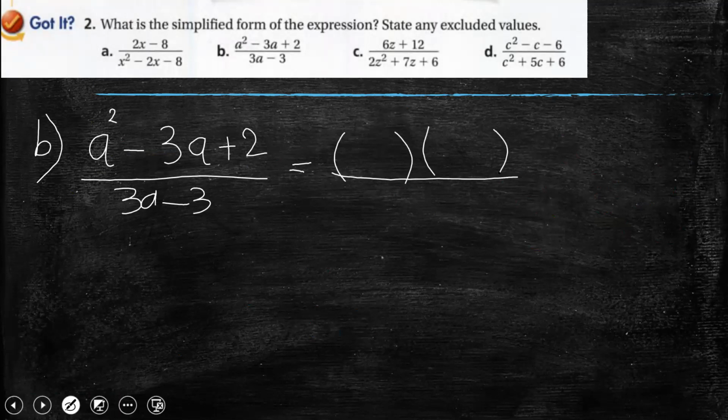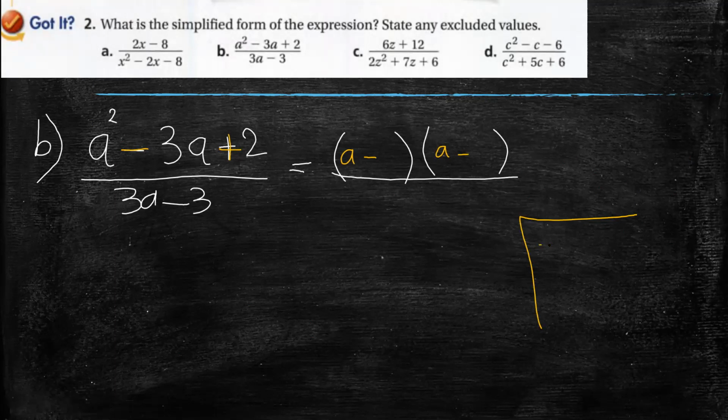As you see here, we have a plus sign, and since we have a plus sign and a minus here, that means we have an A, and minus, minus. Now, Huda, give me 2 factors that are negative. If you add them, you get negative 3. And if you multiply them, you get positive 2.